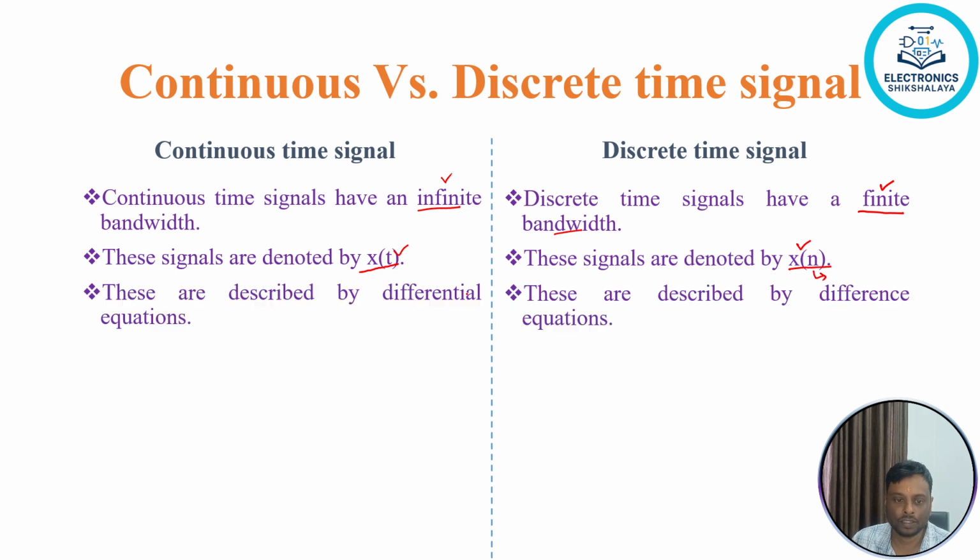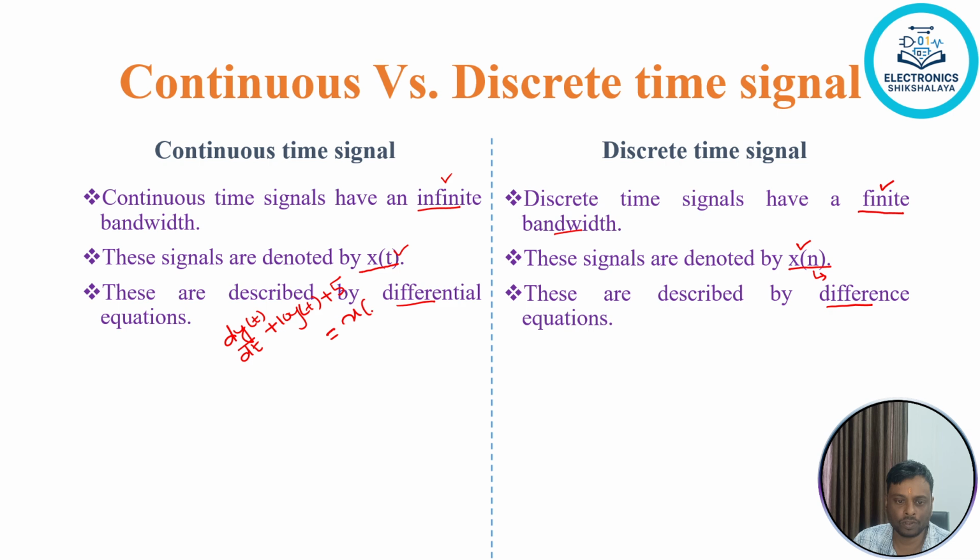Continuous time signals are described by differential equations, and discrete time signals are described by difference equations. A differential equation is, for example, dy/dt plus 10 y of t plus 5 equals x of t.